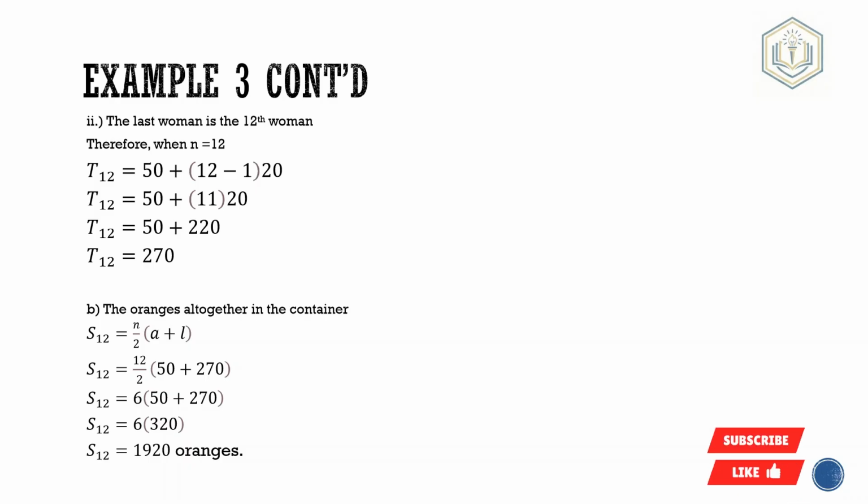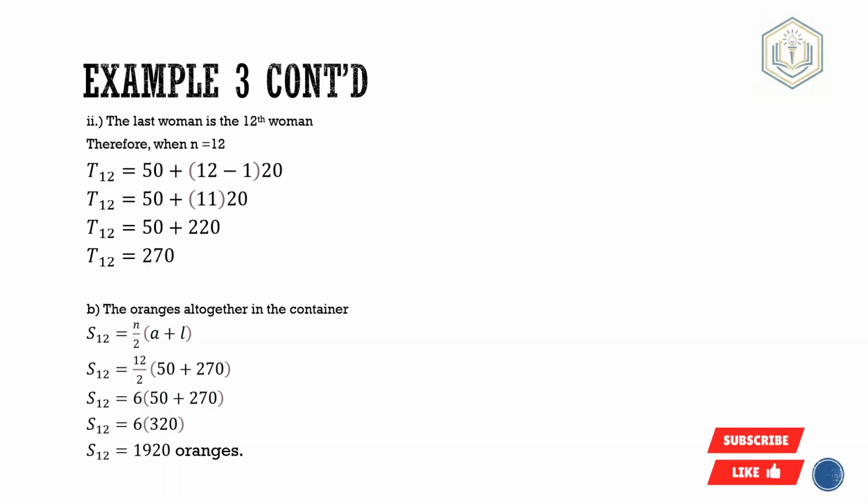Then you have 12 minus 1 is 11. 11 times 20 will give you 220. When you add it to 50, you are going to have 270. So it means the woman that is sitting at the last position, which is 12, that woman got 270 oranges.